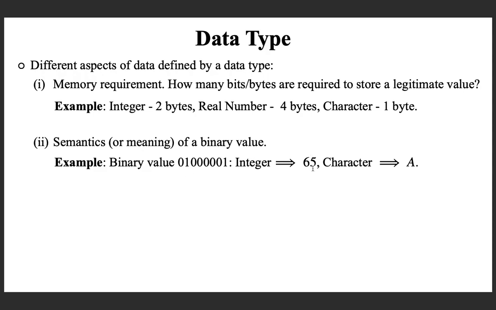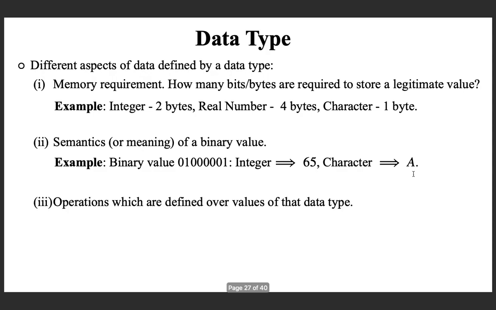If it is integer, then 65. If it is character, then capital A. That is the second aspect. And third aspect is, it also defines the set of operations which are defined over the values of that particular data type. We can try to understand with examples.